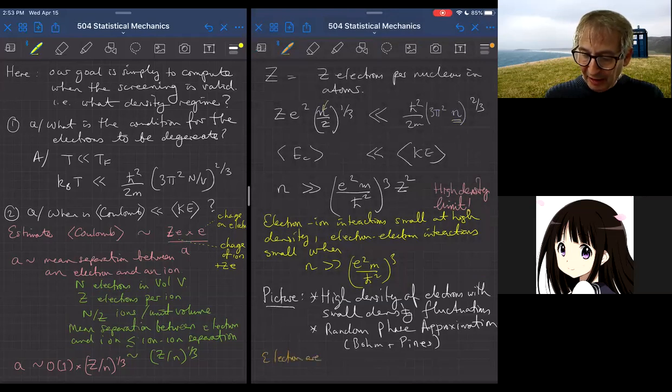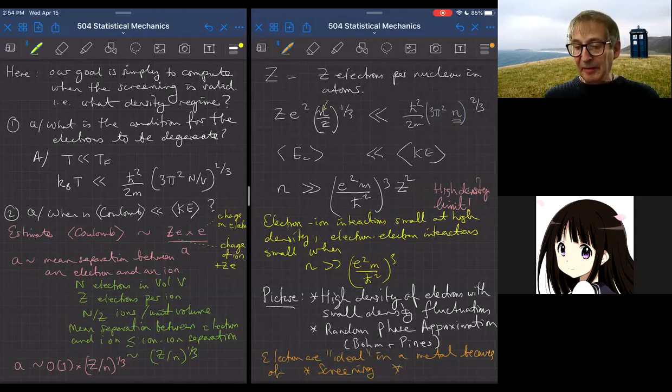So electrons are ideal in a metal because of two things. One is screening, and the other is the things that lead to the Fermi-Dirac distribution, in other words, the Pauli principle.